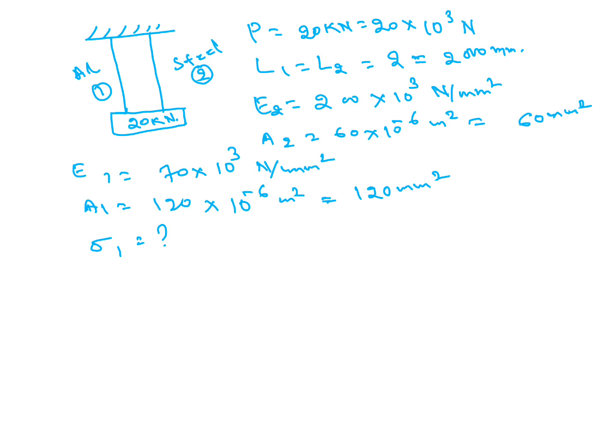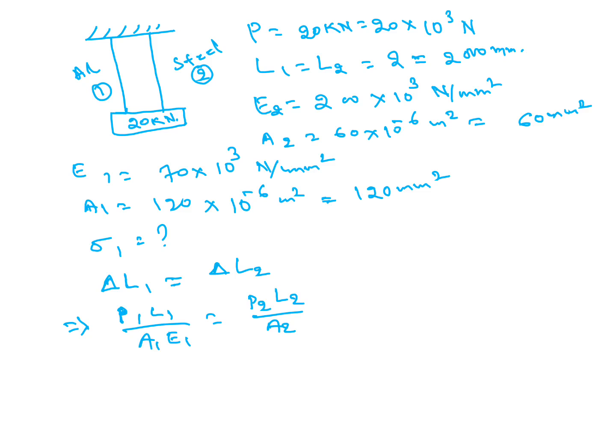So elongation in 1 is equal to elongation of 2. We know elongation is PL by AE. P1 L1 by A1 E1 equal to P2 L2 by A2 E2.